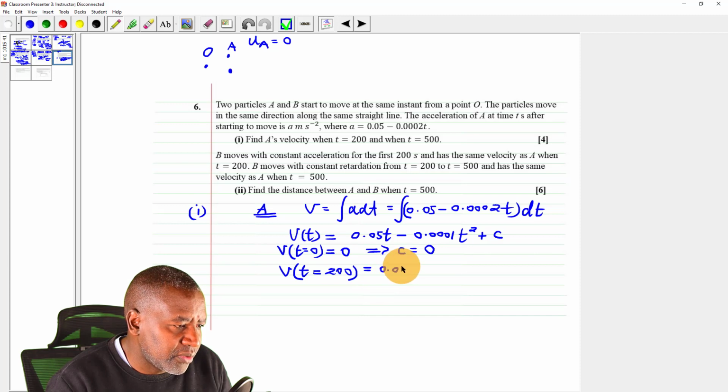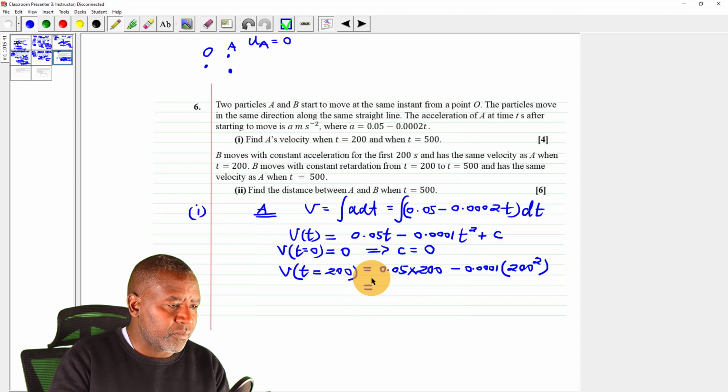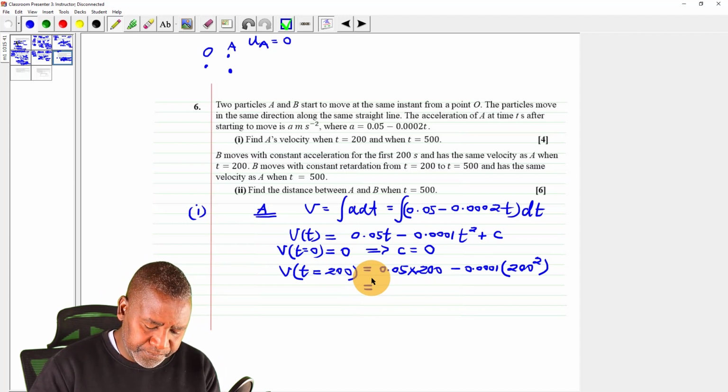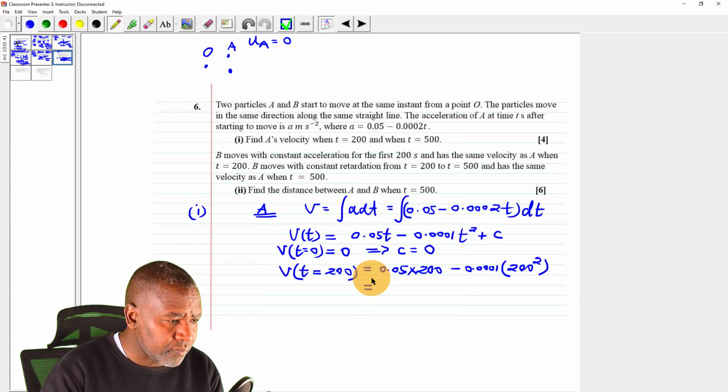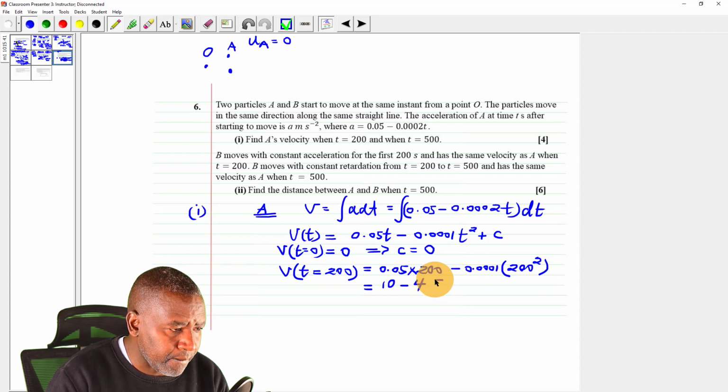So we are going to have 0.05, of course, times 200 minus 0.0001 times 200 squared, and that will give me 10 minus 4, and that will give me 6 meters per second.